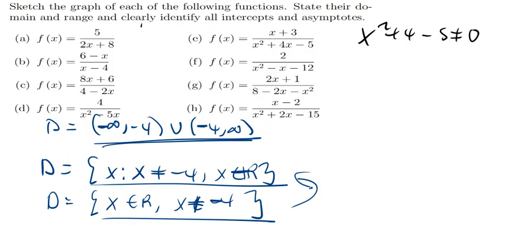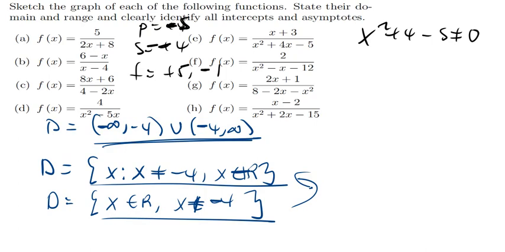The product is negative 5. The sum is positive 4. Factors are positive 5 and negative 1, so that when I do positive 5 minus 1 it is positive 4, and positive 5 times negative 1 gives me negative 5.